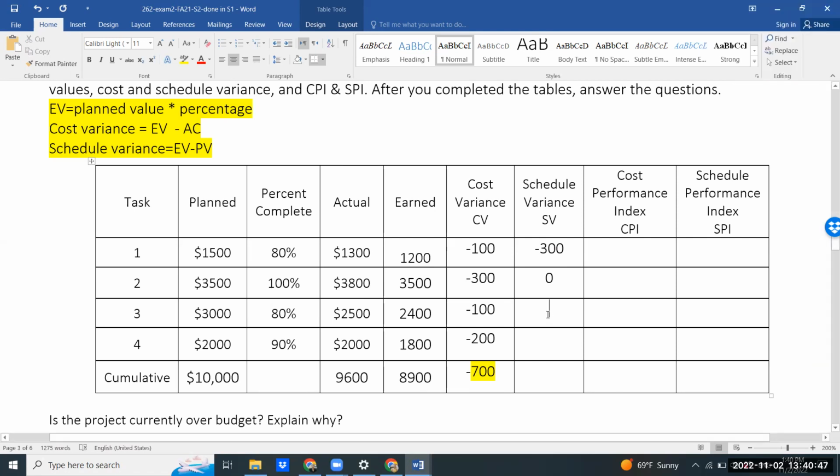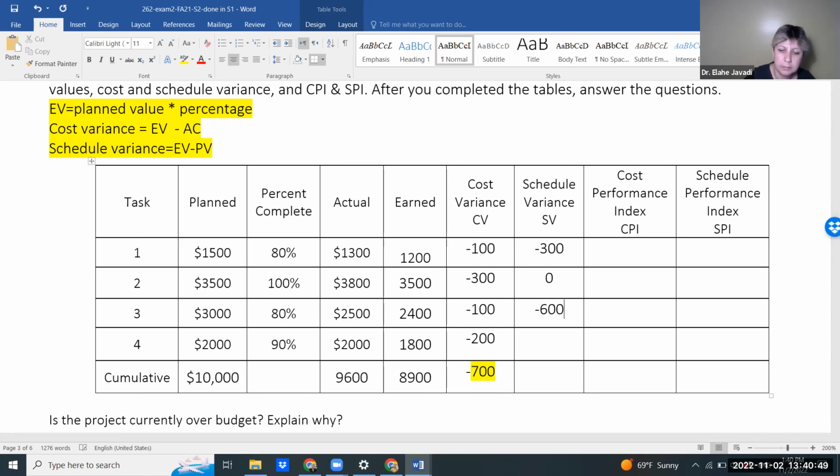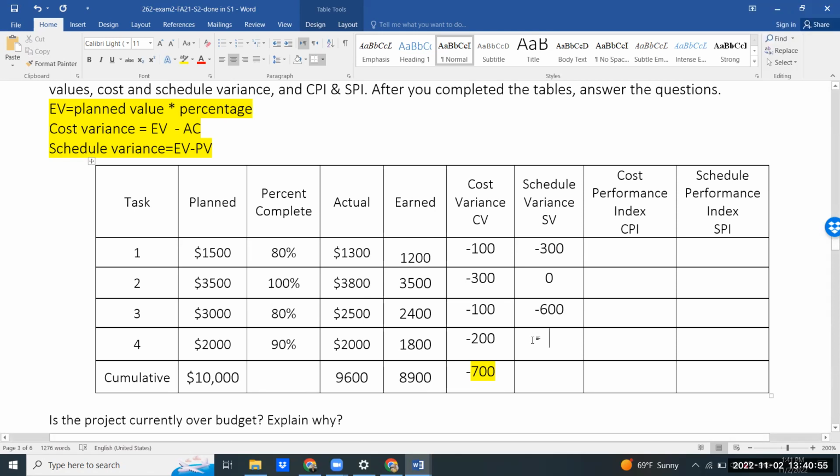Negative 600. Perfect. Carissa, task 4, please. Negative 200. Negative 200. Nice. Give me a total, Tyler. Negative 1100. Perfect, thanks.